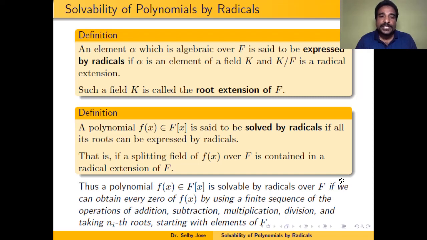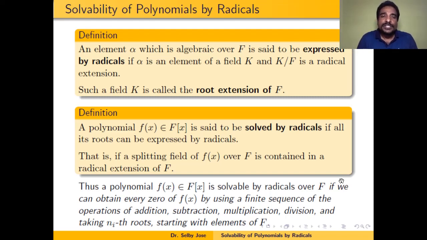Because we know that the splitting field of f(x) is the smallest field containing all roots of f(x), if f(x) is solvable by radicals, then the splitting field of f(x) is contained in a radical extension, so that all the roots of f(x) lie on the top of the radical extension of F.